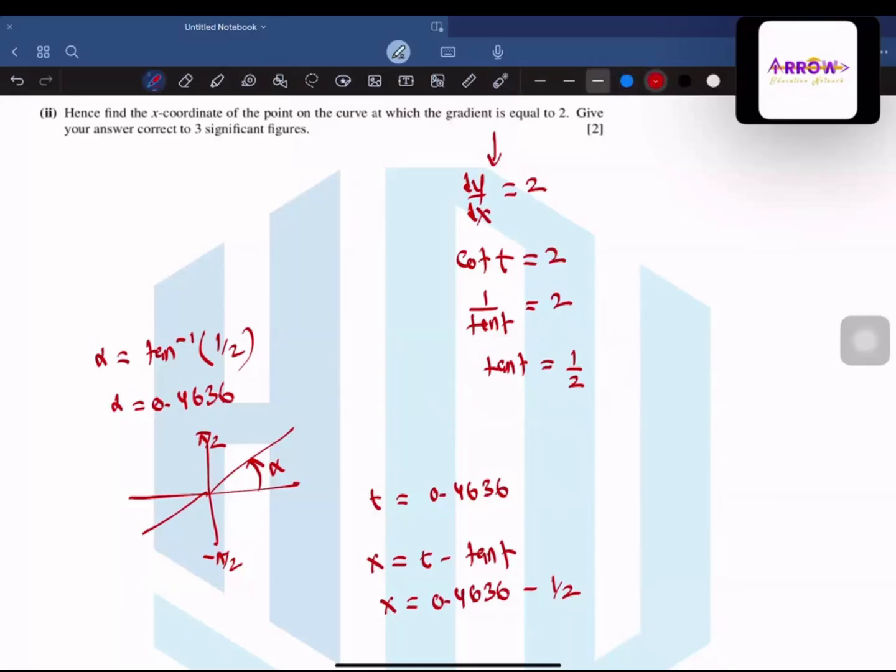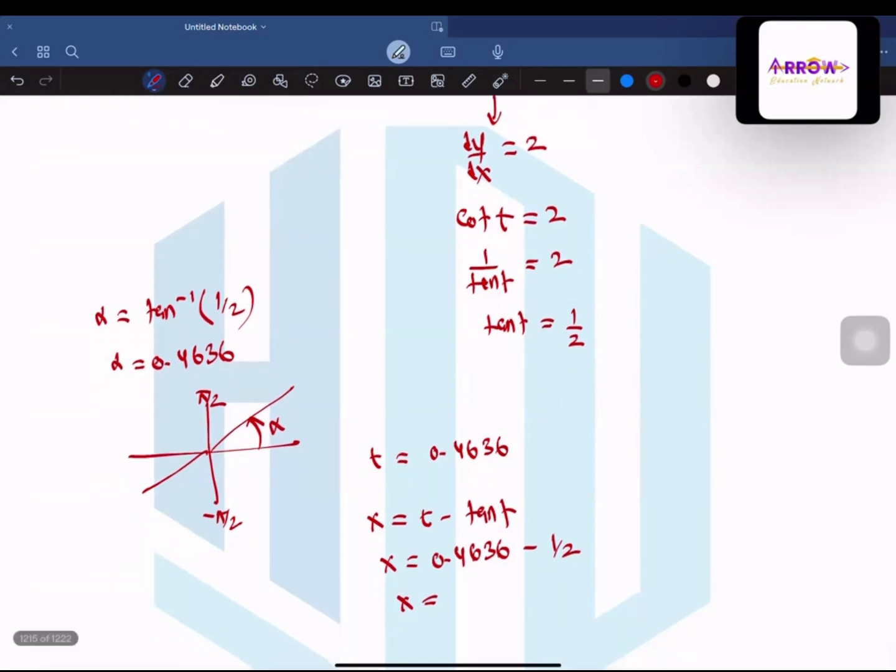So x is equal to 0.4636 minus half. This is supposed to be minus 0.0364. x is equal to minus 0.0364 correct to three significant figures.